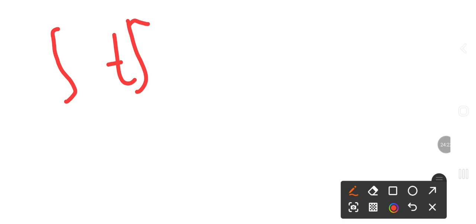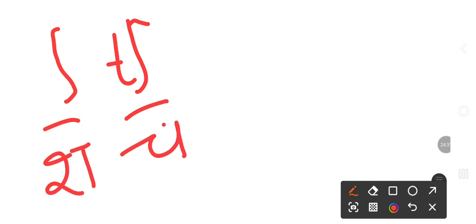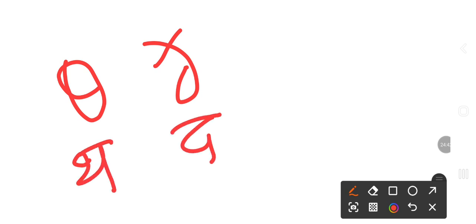These are two sounds. Now the next 2 sounds. This pair you can remember because this is sh and this is ch. Now the next two sounds are this and this. This is th and this is th. Why?